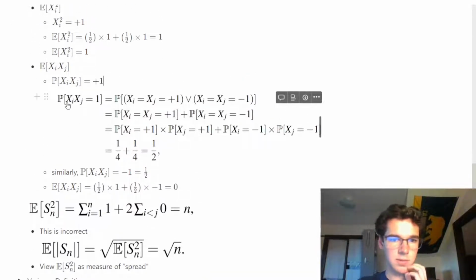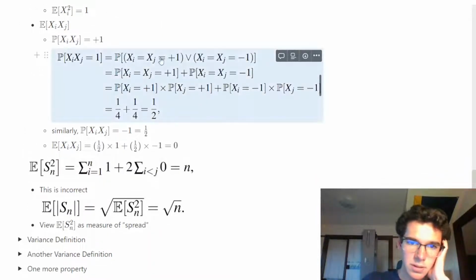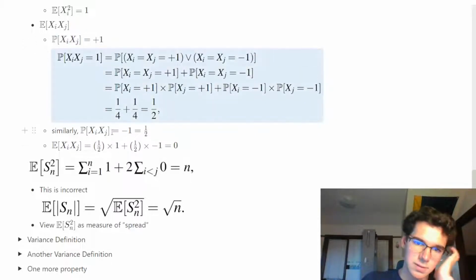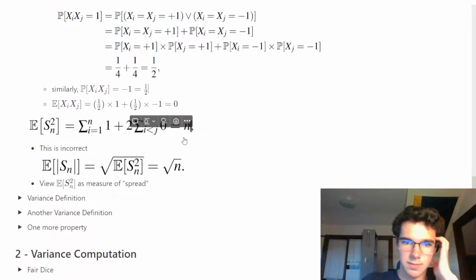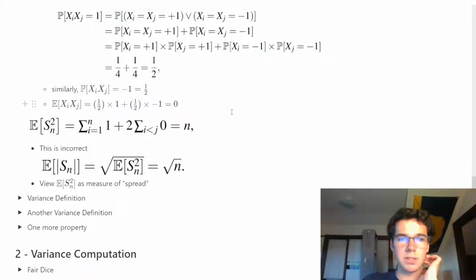And by similar logic, the probability that the product is negative 1 is also 1/2. If it's positive 1, the probability is 1/2, and if it's negative 1, it's also 1/2. Then we can simply sum up these values, weighted by the outcomes, and we get 0.